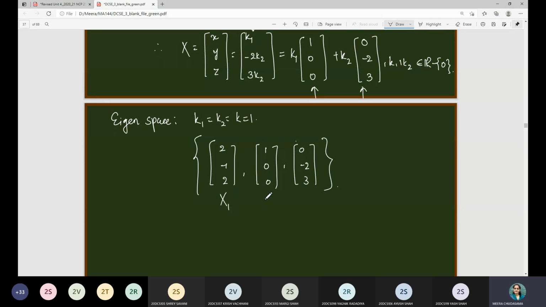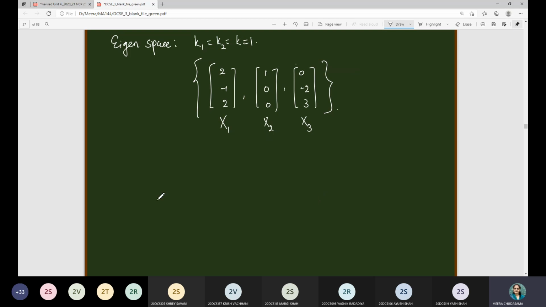Suppose I say this is x1, this is x2 and this is x3. So here if I choose x1 transpose into x2, means this is 2 minus 1 2 into x2, that is 1 0 0. What will be this matrix multiplication?